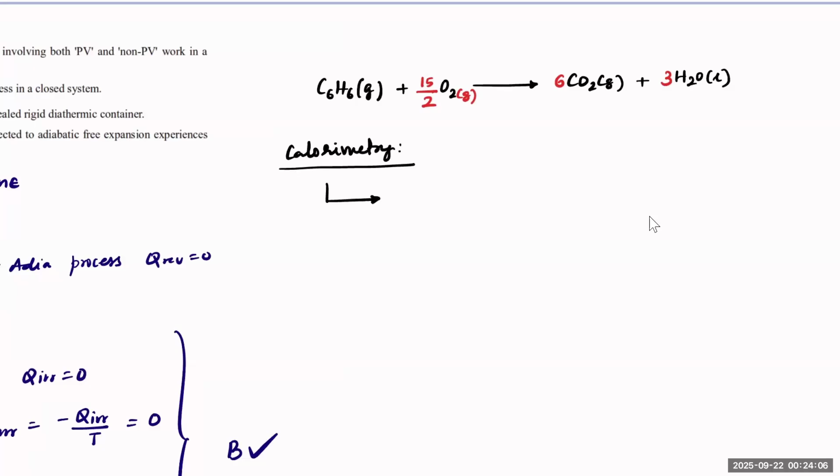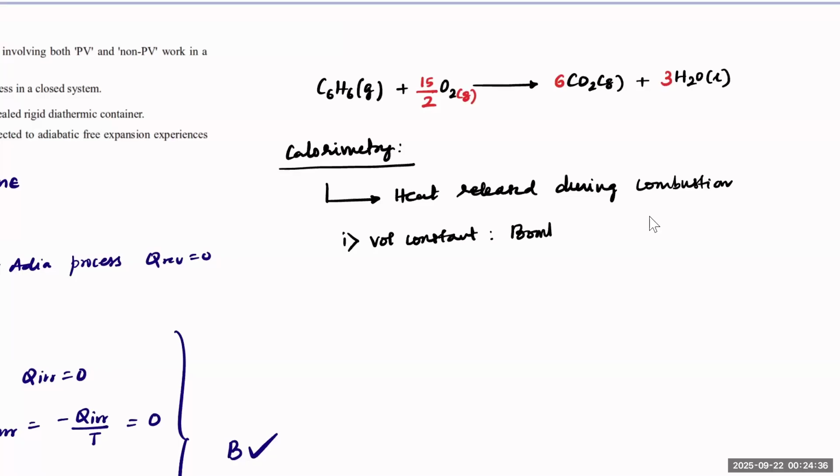Calorimetry says that if heat is released during combustion, it can be measured in two ways. One, keeping the volume constant. If the volume is constant and you are measuring the heat, that calorimeter is called a bomb calorimeter.